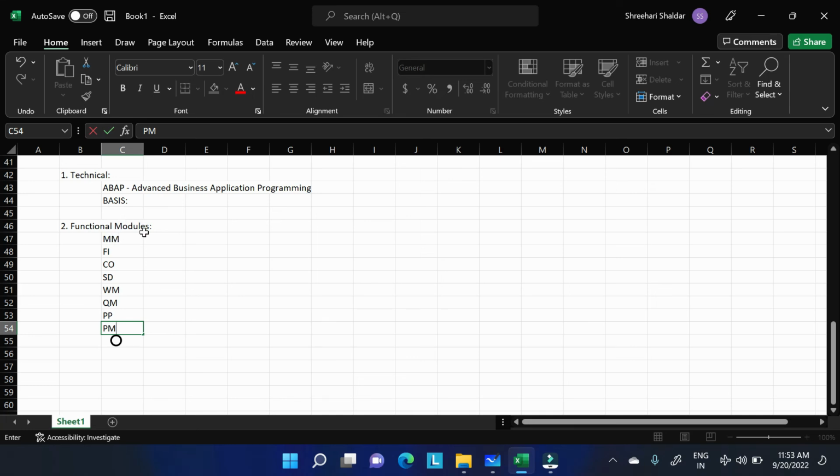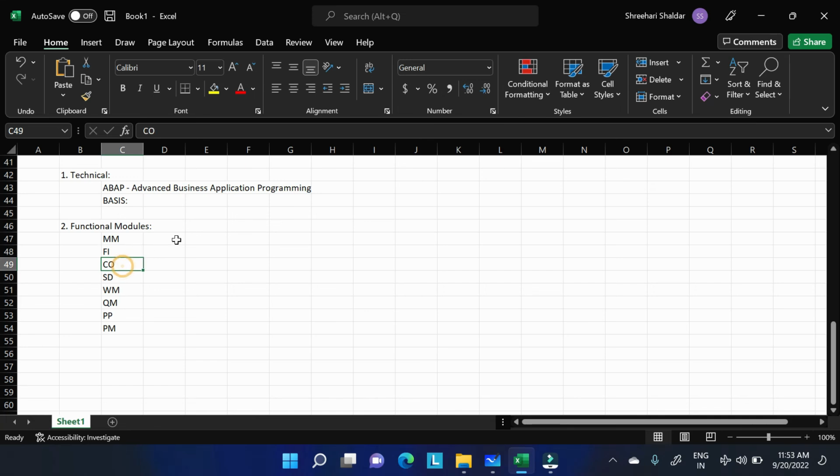These functional modules are integrated with each other. Wherever you are creating a certain material in MM, the material will be required for the FI consultants to know the price of that particular material.